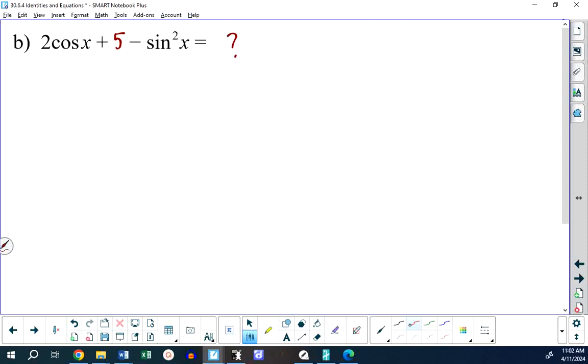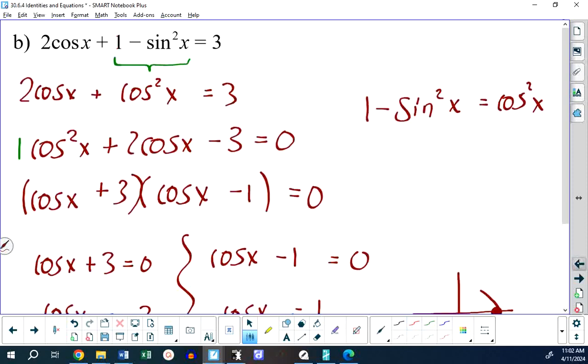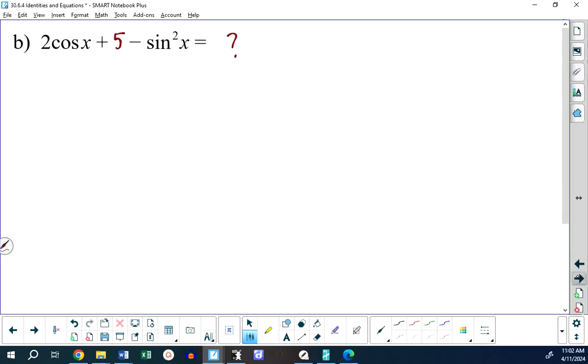How do you deal with this? Because in the original question, as Maria pointed out, and we noticed, there's 1 minus sine squared of x just standing right out there, staring at you. So what do you do here? Well, there is an option. And again, we're not solving this. Okay? How many of you would immediately say then that this is 2 cos x plus 4 plus 1 minus sine squared x?